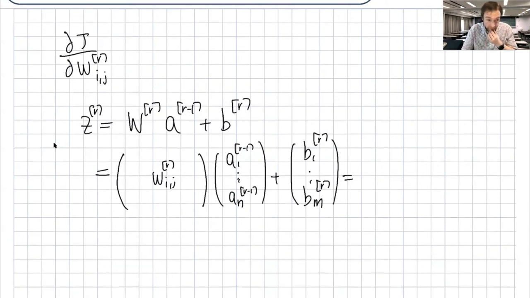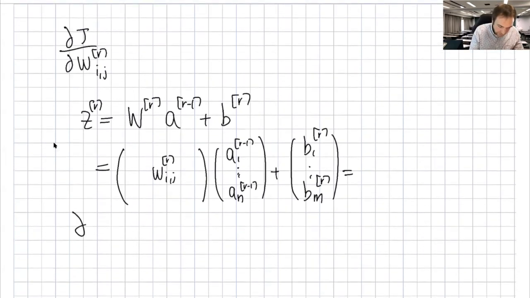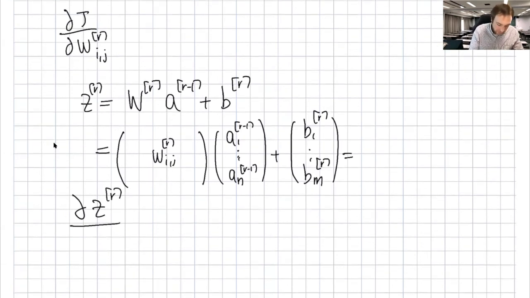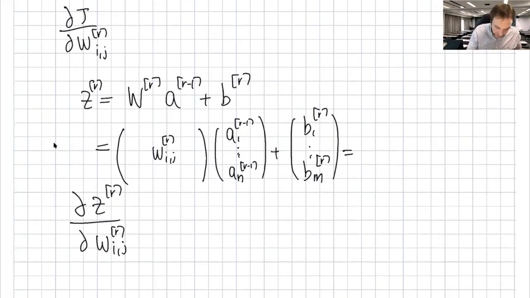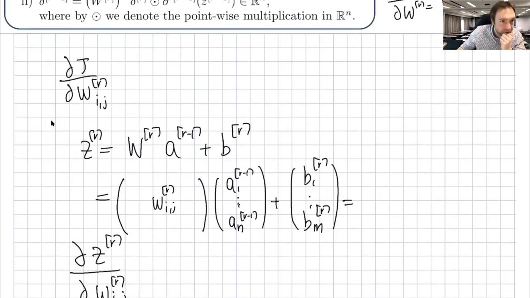So what I want to see is, if I take the derivative of this z with respect to the entry w ij r, what is this? Or more precisely, what... no, I'm confused myself.